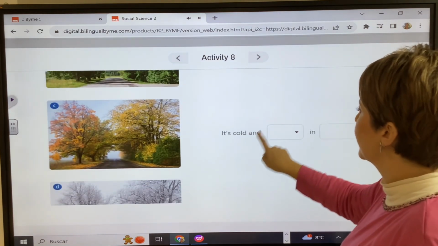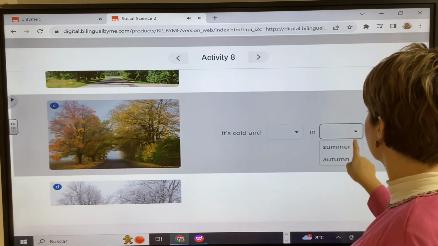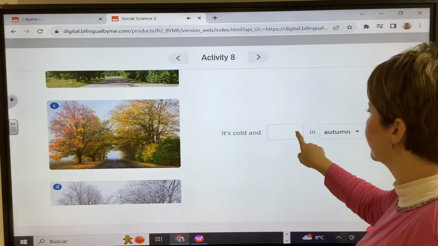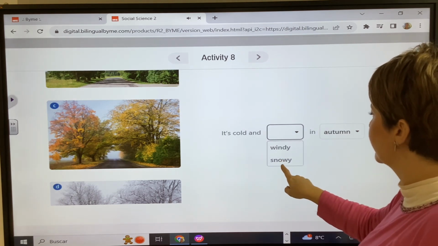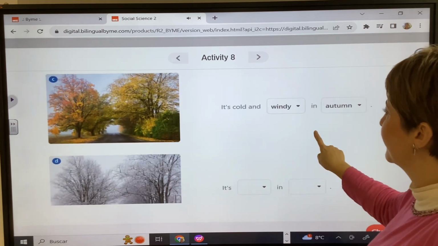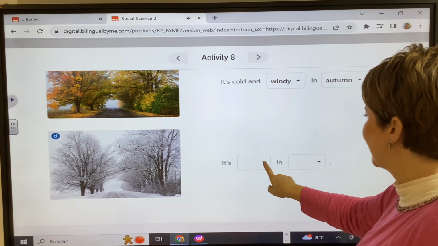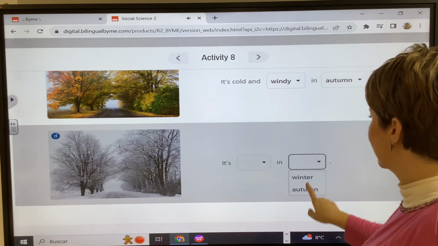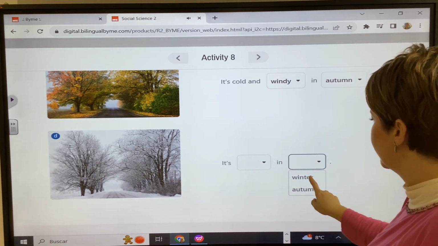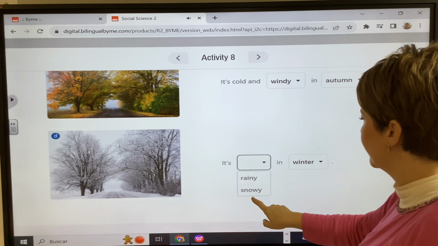C. I like autumn. The trees are different colours and I like the cold. It's windy too. Perfect for flying my kite. D. Well, my favourite season is winter. I have fun playing in the snow.